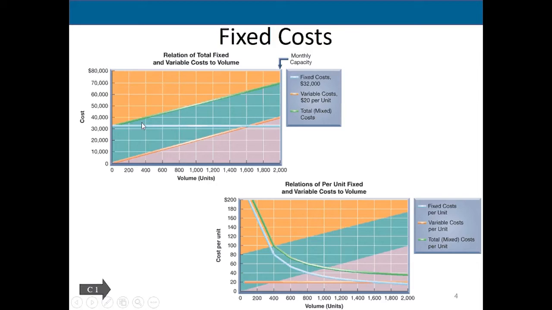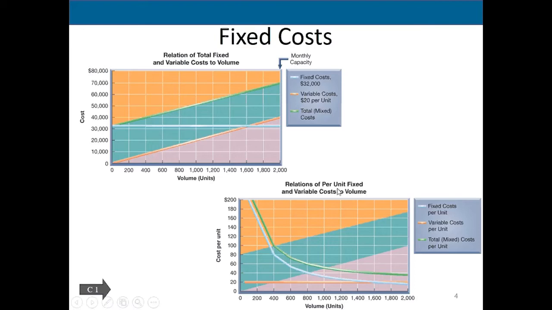And mixed cost really is variable plus fixed. Well, you see that it has the exact same slope as variable cost, but it starts at fixed cost. Okay, so that makes sense. Obviously, total cost is fixed cost plus variable cost at any level of activity.